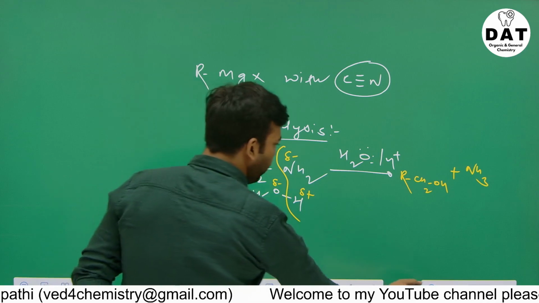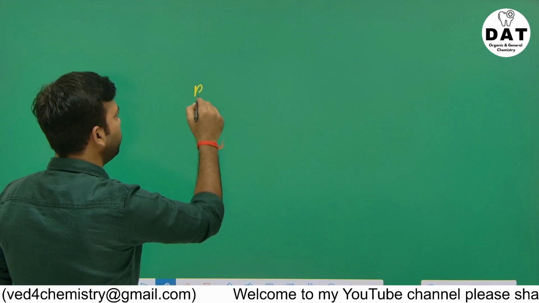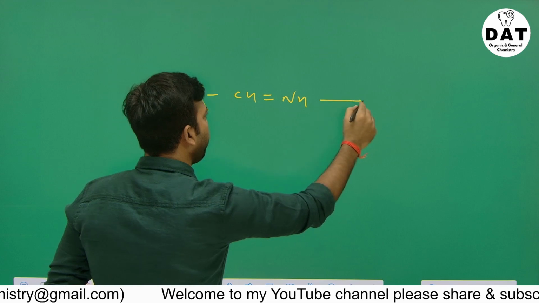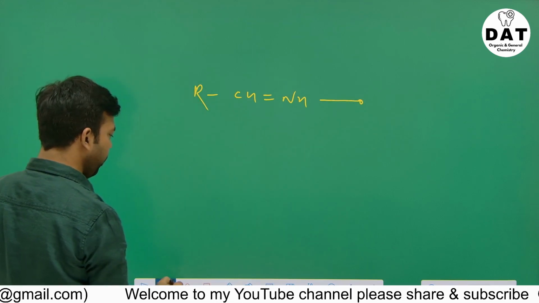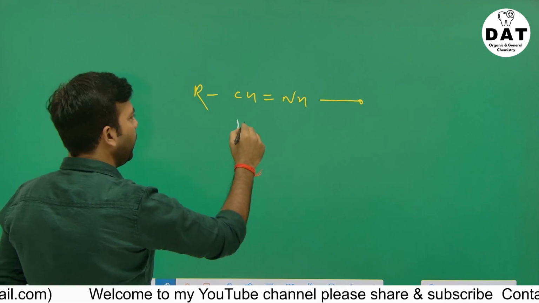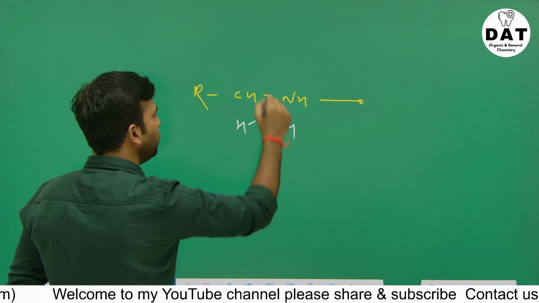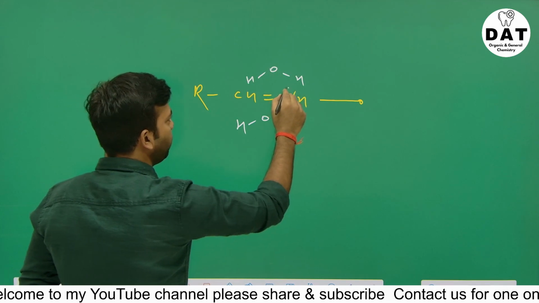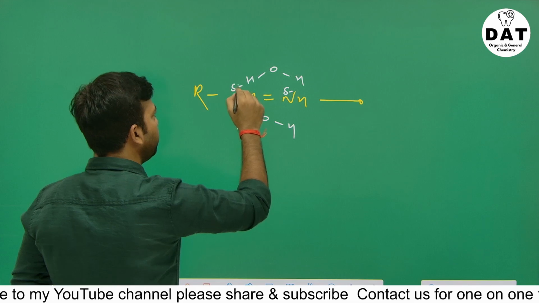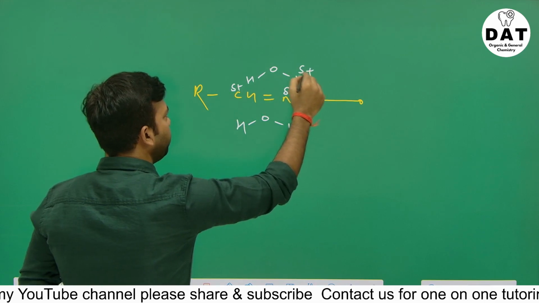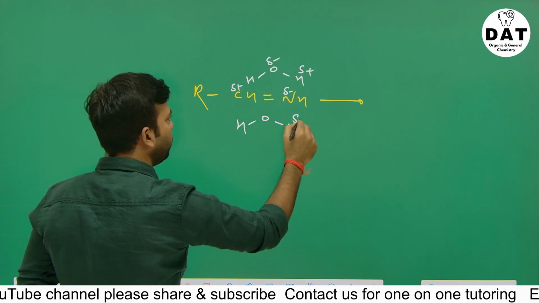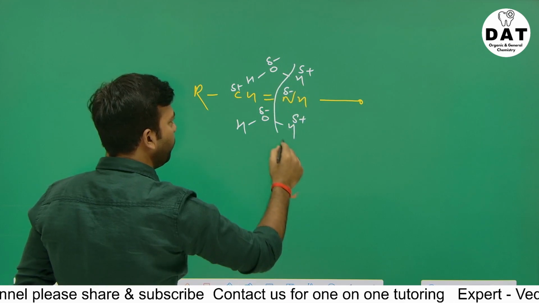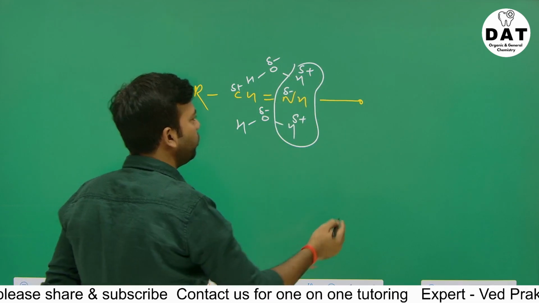If suppose we have a double bond here, then we can use 2 moles of water, HOH, HOH. Again the same concept: negative, positive, positive, negative. So nitrogen removes both hydrogens and again becomes ammonia.